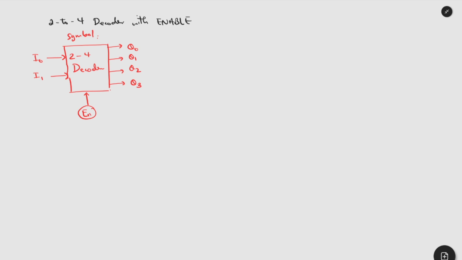And this enable will act as a control when we don't want any data to be available at the output, or we want all the outputs to have a logic low, then we introduce this enable. Now let us look at the truth table for the 2 to 4 decoder and the circuit diagram.